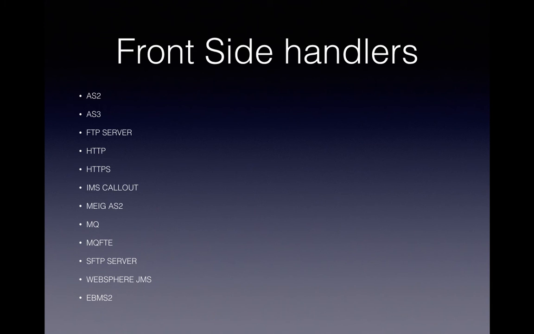And we have MQ, MQFTE front-side handlers, SFTP server front-side handlers, WebSphere JMS, where JMS stands for Java Messaging Service, and we have EBMS2, which stands for Electronic Business Messaging Service. These are the different types of inputs that can be passed on to a DataPower appliance. I mean the input protocols through which you can connect to a DataPower appliance to trigger a transfer.